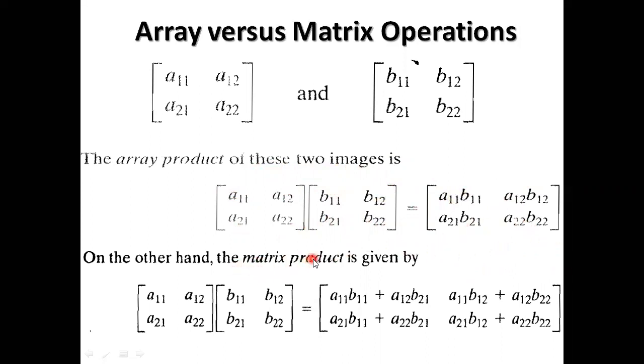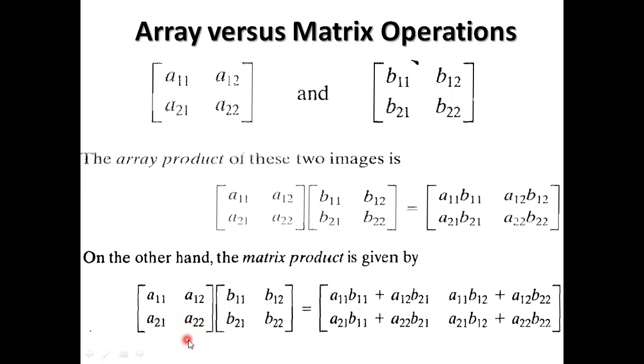Suppose you are doing the matrix product. If you are doing matrix operations on these two images, you get matrix multiplication. The first element is A11 into B11 plus A12 into B21. The second element is A11 B12 plus A12 into B22. Next, A21 into B11 plus A22 into B21.